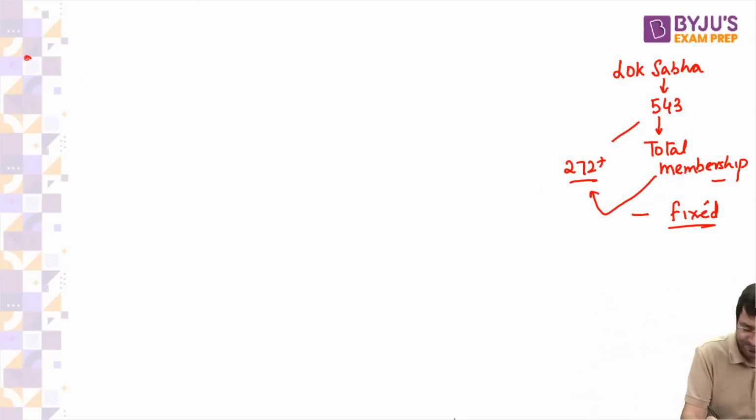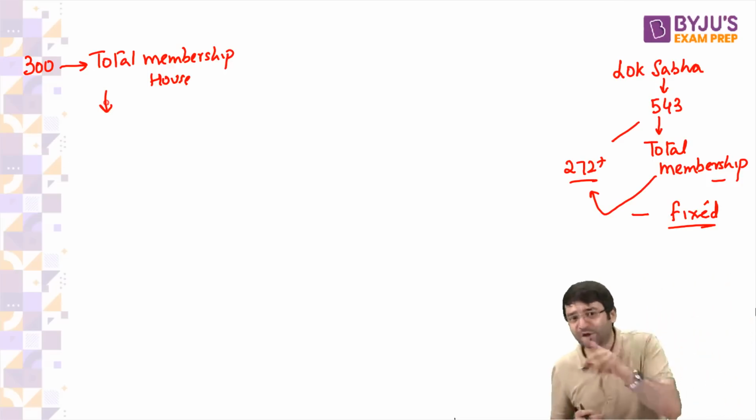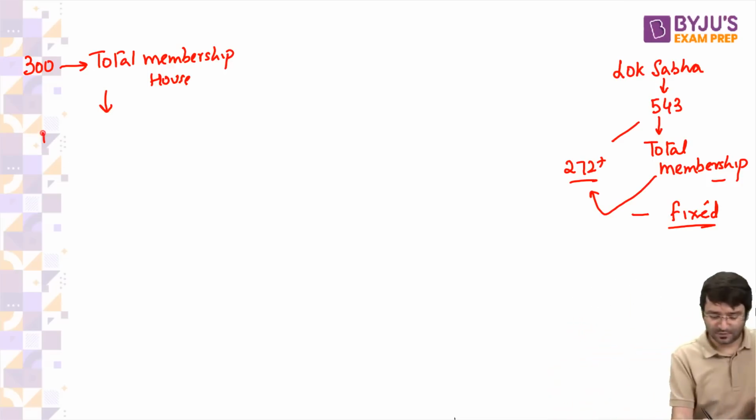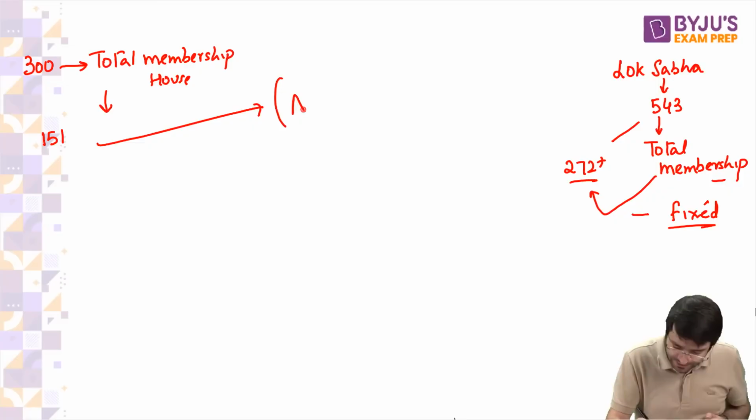For example, if 300 is the total membership of a house, what is the majority of the total membership of the House? 151. And this is what is known as absolute majority.